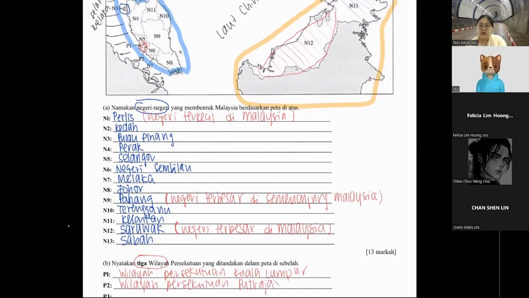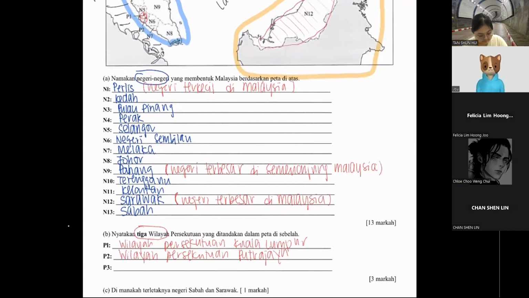And one last, anyone remember we have one last? We have 3 wilayah persekutuan in total. Yes, Labuan. Exam right info ya.